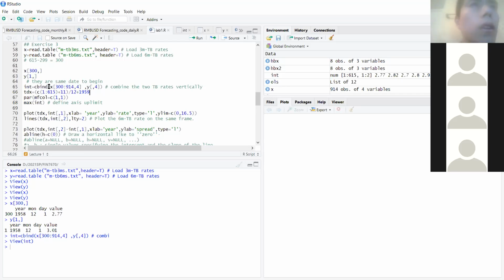So for example, the first day equals 1. 1 plus 11 equals 12. And 12 divided by 12 equals 1, plus 1959. And then the second equals 2. 2 plus 11 equals 13. 13 divided by 12, plus 1959.